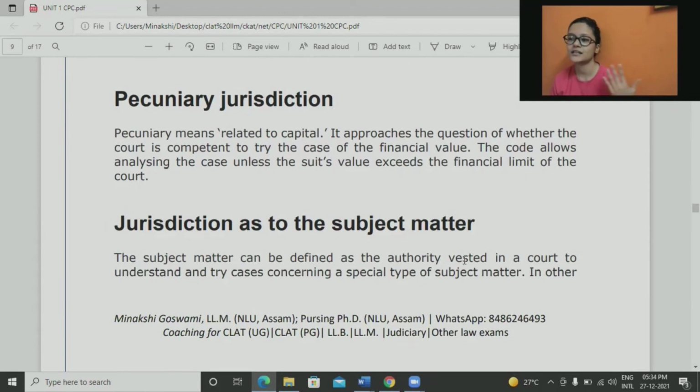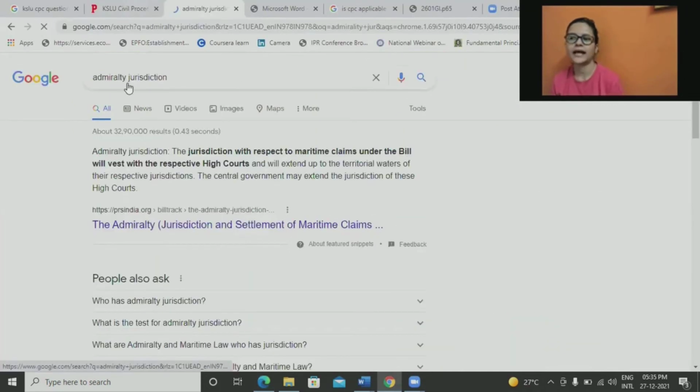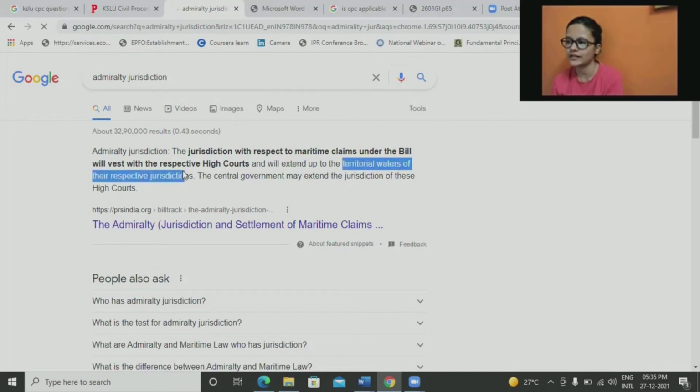Same way, we have subject matter jurisdiction, which is like, you would see, admiralty jurisdiction. Admiralty jurisdiction is where certain high courts are given this power wherein there are territorial waters, okay, where there are certain seas and that certain state is having access to it. Those high courts will be given subject matter jurisdiction on admiralty matters. All the high courts do not have admiralty jurisdiction.